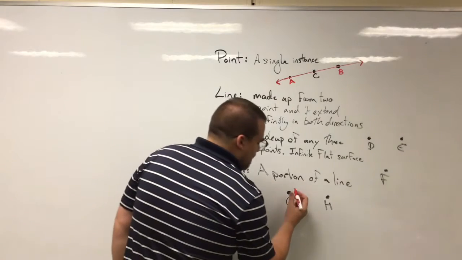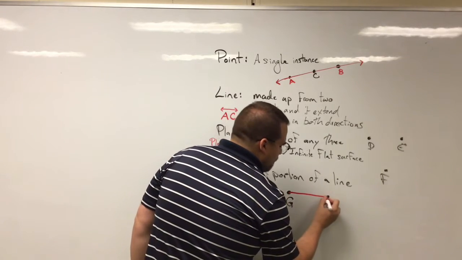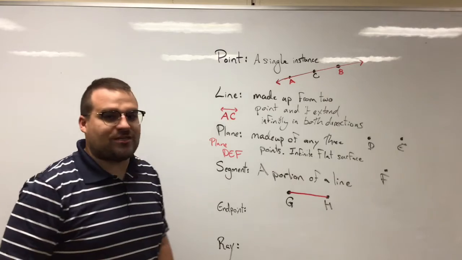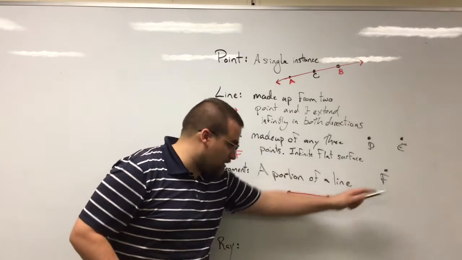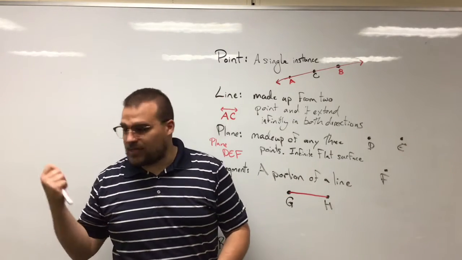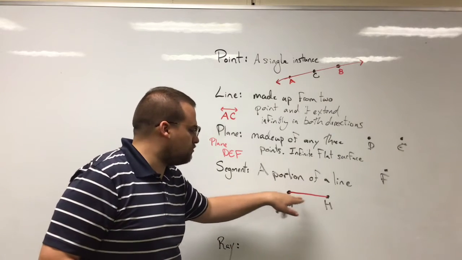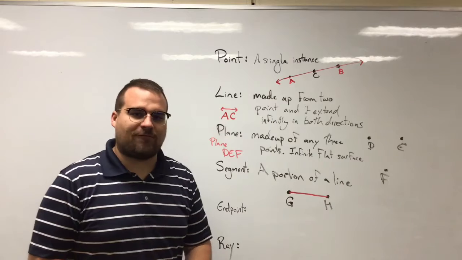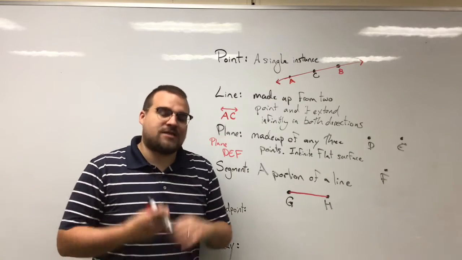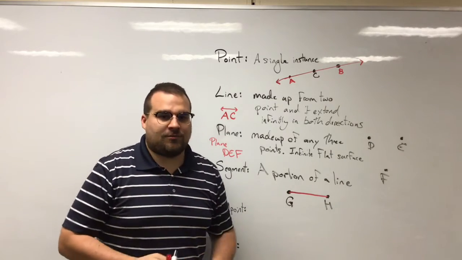But what if I just said the line only goes from G to F? It doesn't continue on forever that way. It doesn't continue on forever this way. It just stops. It begins at G and it stops at F. That's a segment. It's a portion of a line.